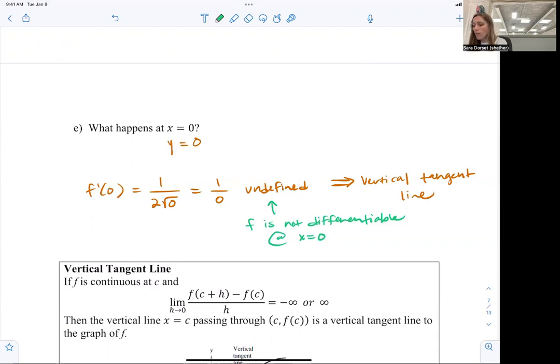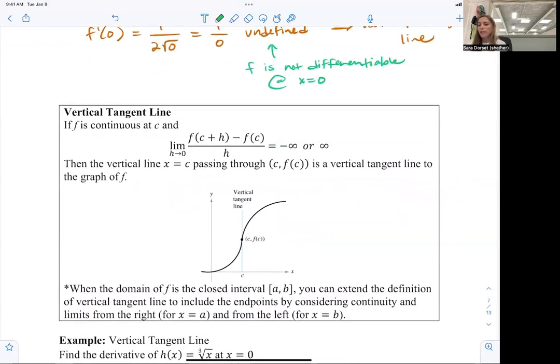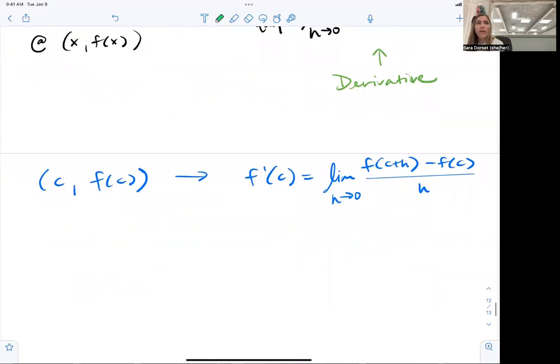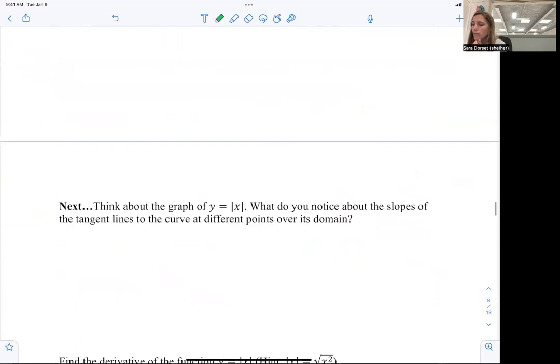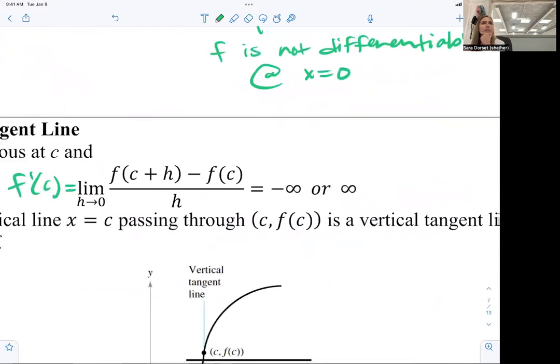Okay, so this leads us to vertical tangent lines. There's going to be a vertical tangent line if, when you find f prime of c, like we talked about at the very end of the review, the derivative at a point, plugging in whatever c is, you get positive or negative infinity.